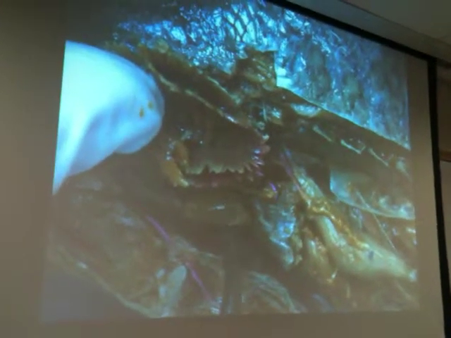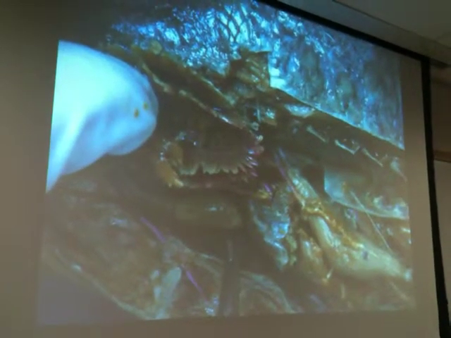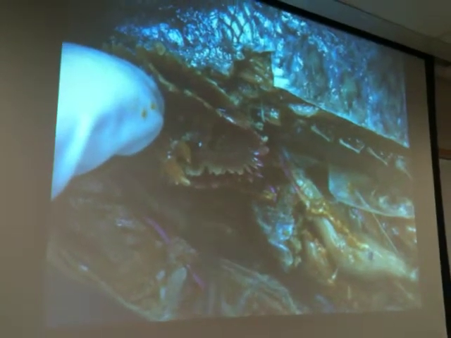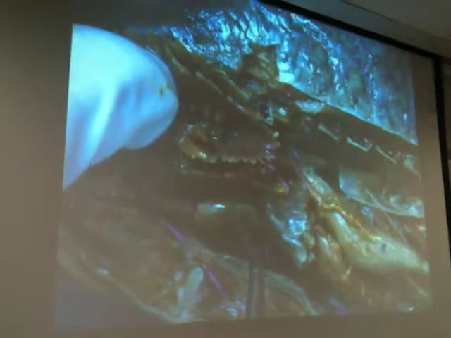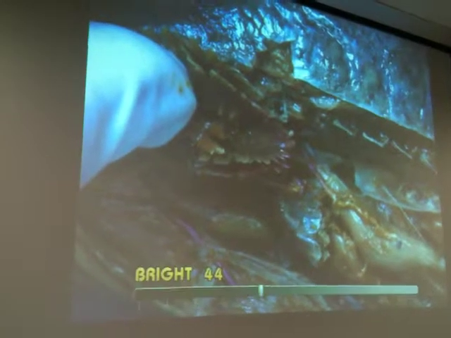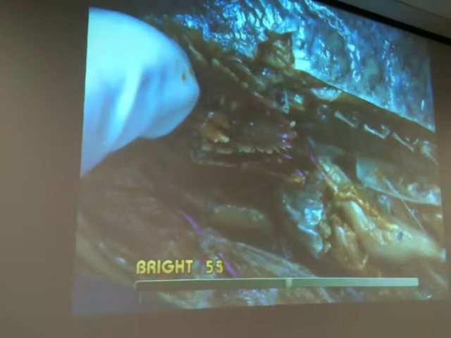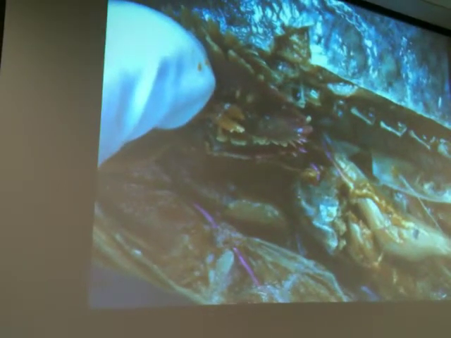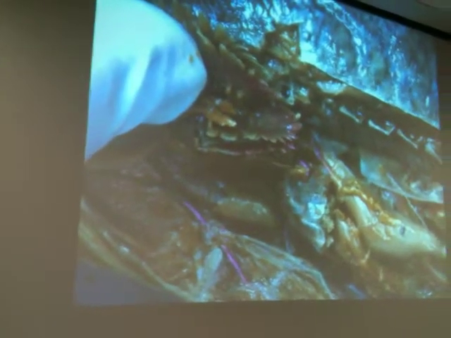Now next Tuesday I'll go over the circulatory system in more detail, but for right now I'll just say that that yellowish kind of structure is the heart. Let's see if I can increase the brightness. It's a little better. Okay.